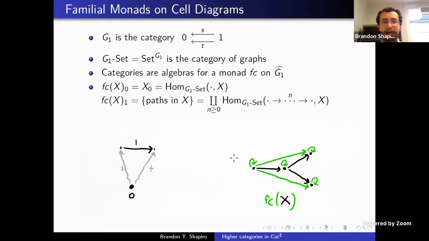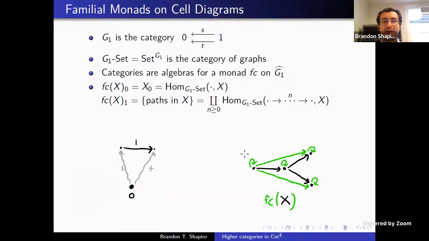But then for the edges, it's not quite representable. The edges in FCX are all of the finite length paths in X. And those paths are all going to look a little bit different depending on their length. But if you're willing to split up that set according to those lengths, then you can recover it as a disjoint union of representables.